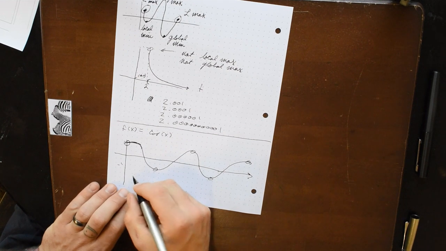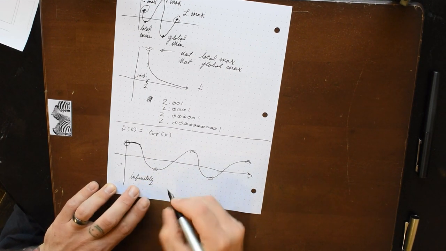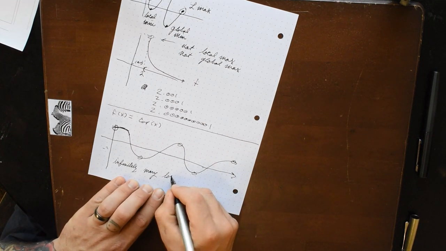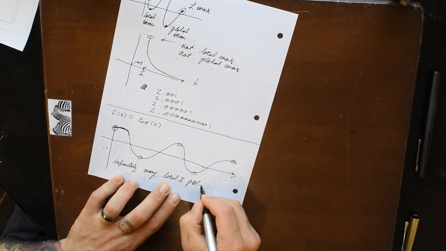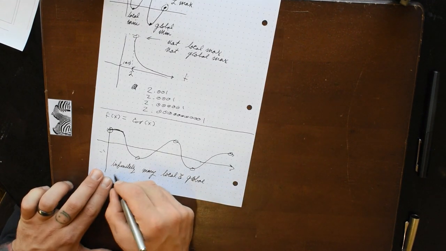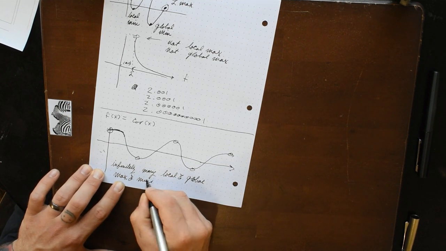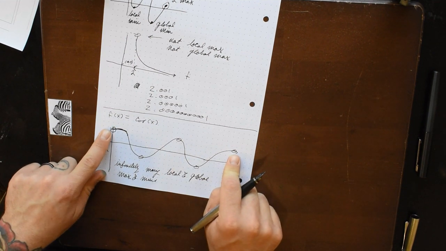So we have infinitely many local and global maxes and mins. So each of these is a local and a global maximum.